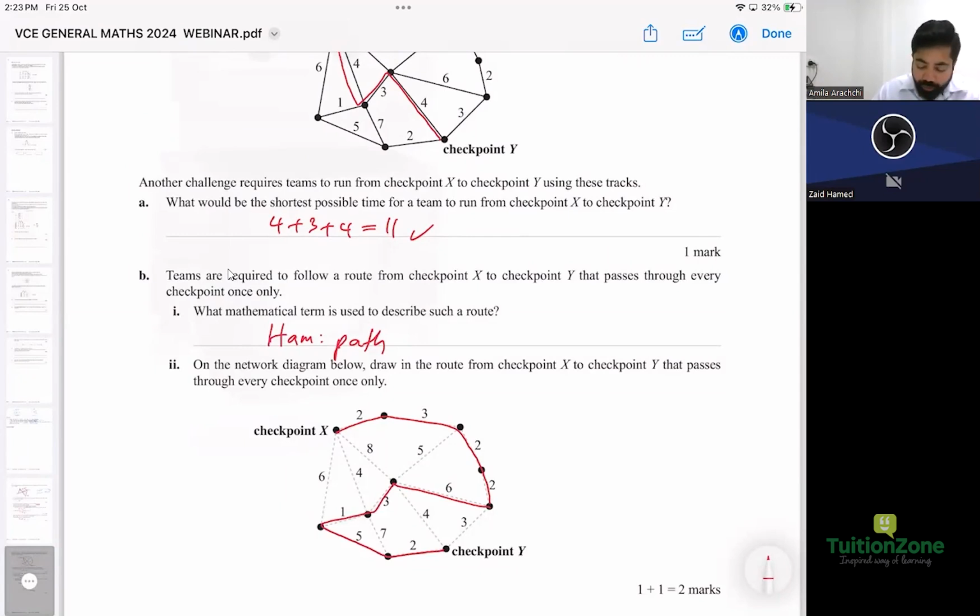In that way, I went through every vertex once only. I skipped a lot of the edges, but it doesn't matter. As long as you go through all the vertices once only, you're done. And that's the Hamiltonian path. Cool.